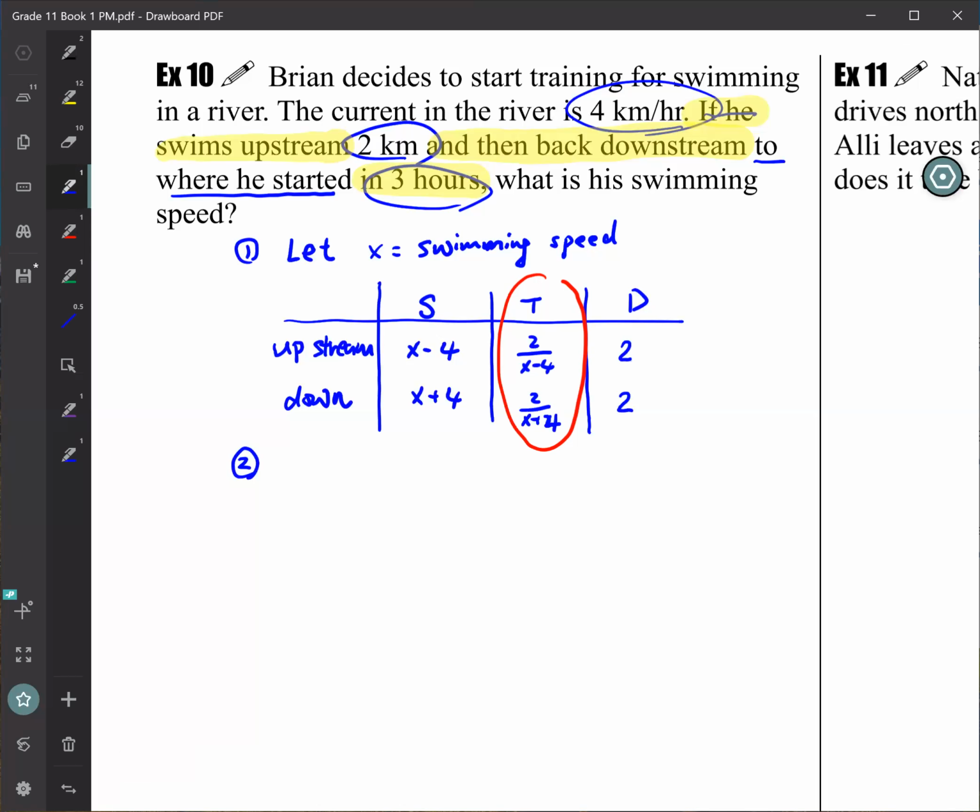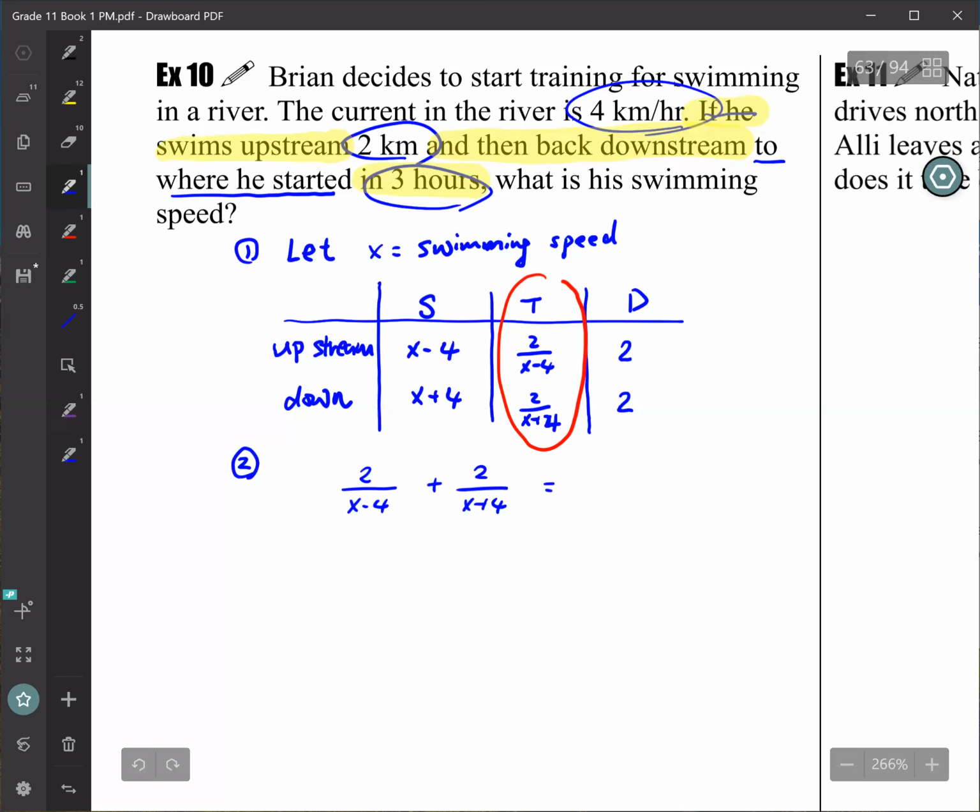Okay, so the equation should be what? Marcus, what will be the equation then? It would be 2 over x minus 4 plus 2 over x plus 4 equals to 2.